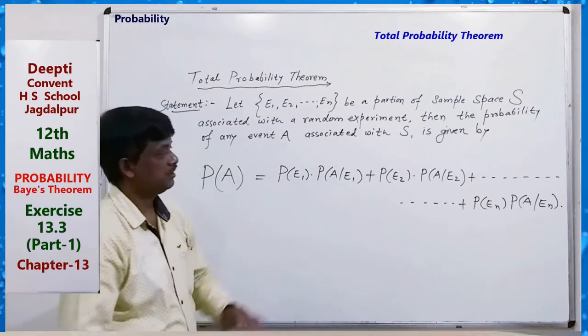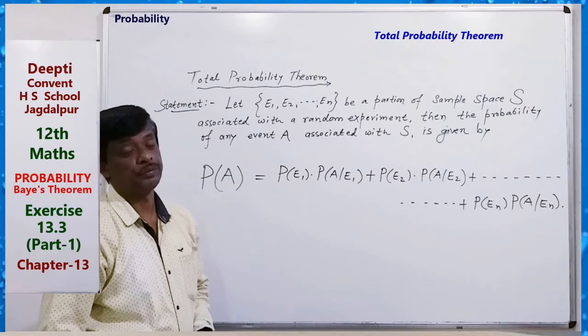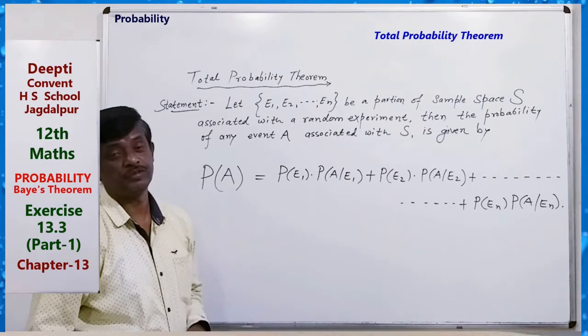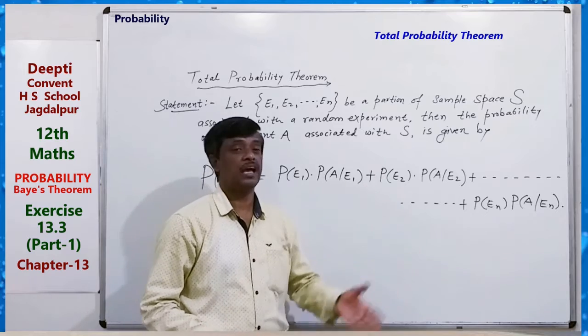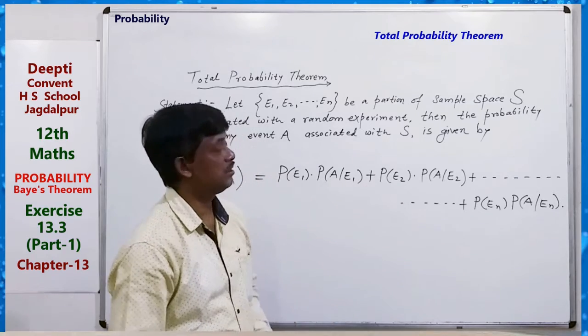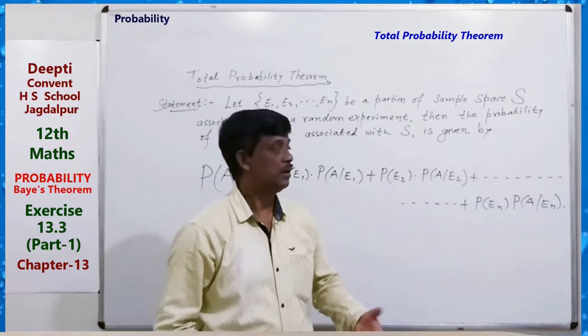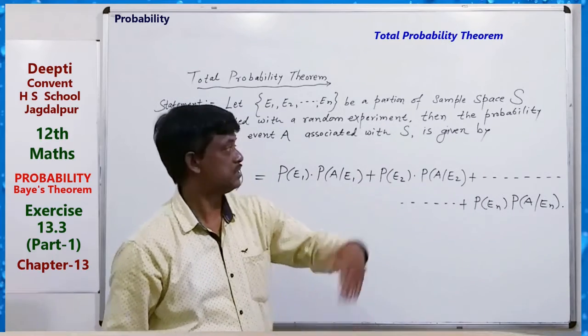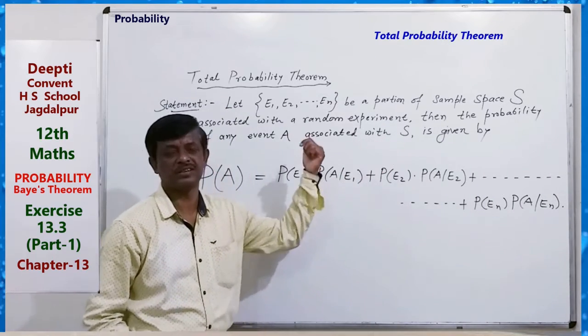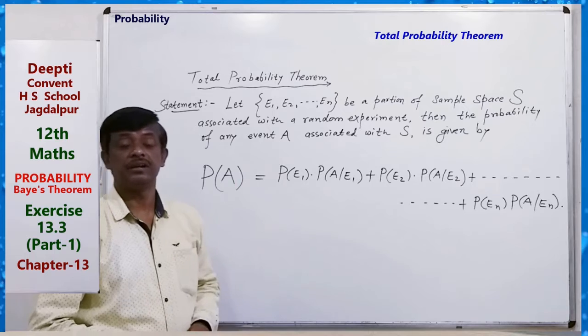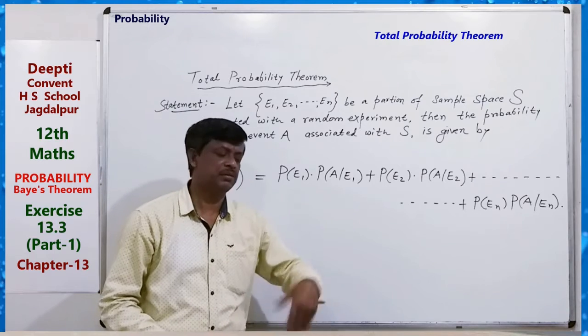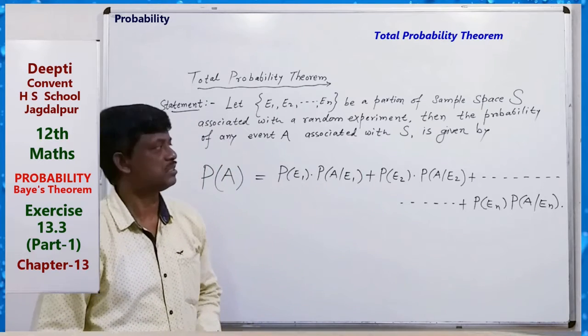This is the total probability theorem. Very simple. Suppose we are doing some experiment, then the corresponding sample space is S. Take any partition of it. The partition is not unique; there may be many different partitions for a sample space.